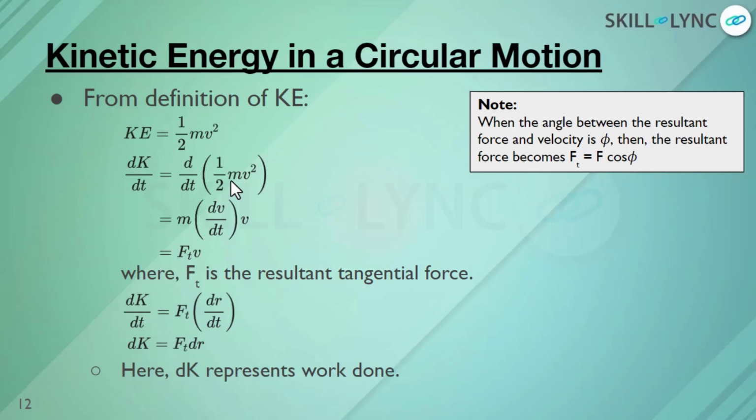Similarly, on the right hand side, with respect to time, the change in kinetic energy would be d by dt of half mv square, where K is kinetic energy, m is mass of the body, and v is velocity of the body. Thereby, reshuffling it, we get m dv by dt into v.